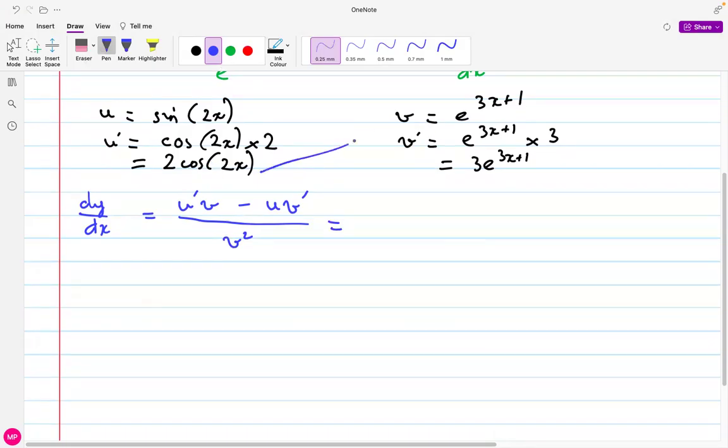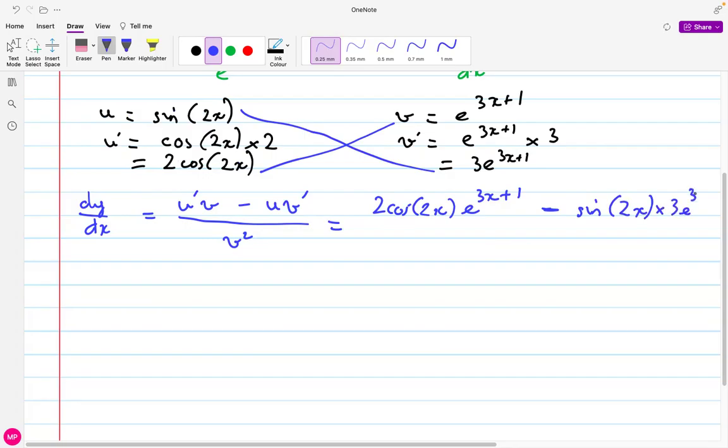So basically we cross multiply: 2 cos 2x times e to the power of 3x plus 1, then minus u times v dash. So it's sin of 2x, and then we times that by 3e to the power of 3x plus 1, over v squared. v squared is e to the power of 3x plus 1, squared.